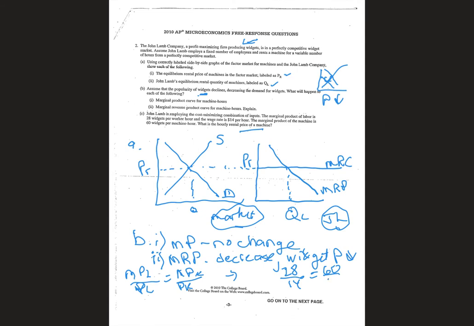What will be the rental price? Because 28 over 14 is 2, and if this firm is definitely least cost, these two fractions would have to be equivalent to each other. So if my fraction on the left is 2, my fraction on the right also has to be 2, meaning the rental price of the machine would have to be $30, okay?